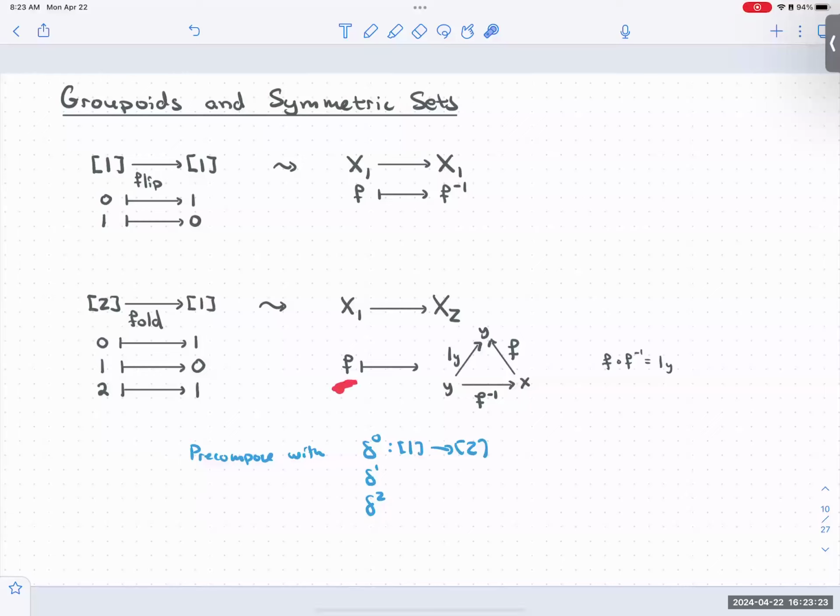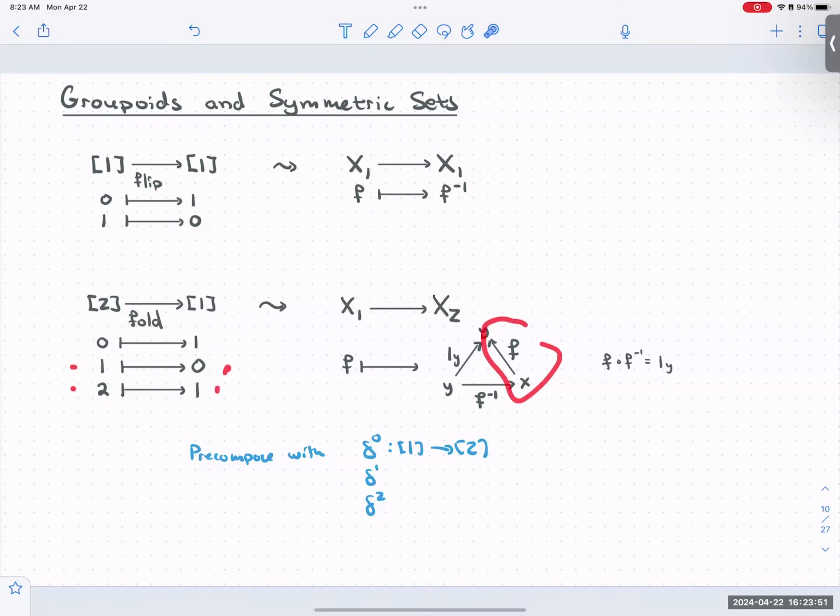So it sends a 1 simplex here. Actually, if I do delta 2, so skip 2, it flips. So then I get 0 goes to 1, 1 goes to 0. So that's why I get F inverse here. If I precompose with delta 0, so I don't have this part, then I sort of get 0 maps to 0, 1 maps to 1.